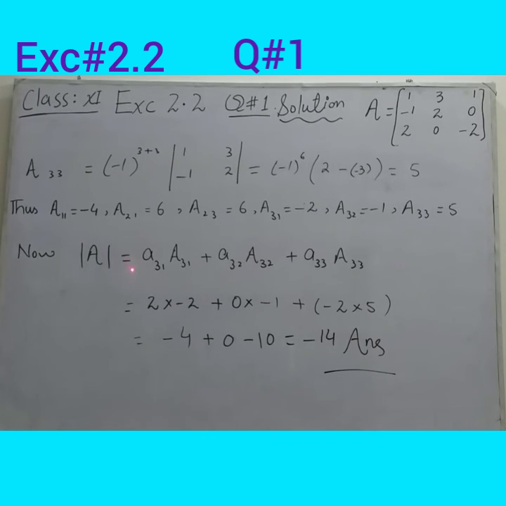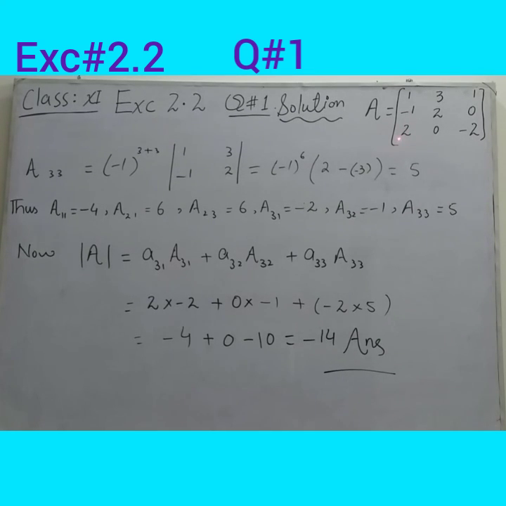Now the determinant of A is equal to element A31 with cofactor A31 plus element A32 with cofactor A32 plus element A33 with cofactor A33, meaning we have chosen the third row. Why are we using this third row? Because we have the cofactors of this third row.